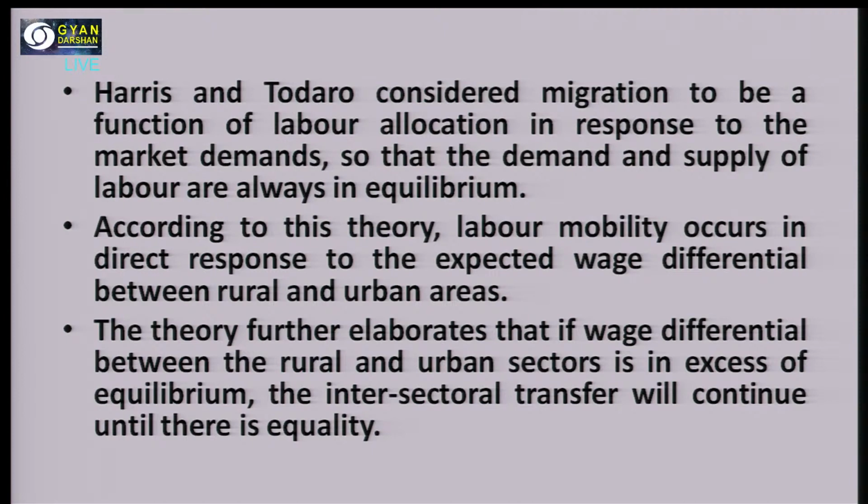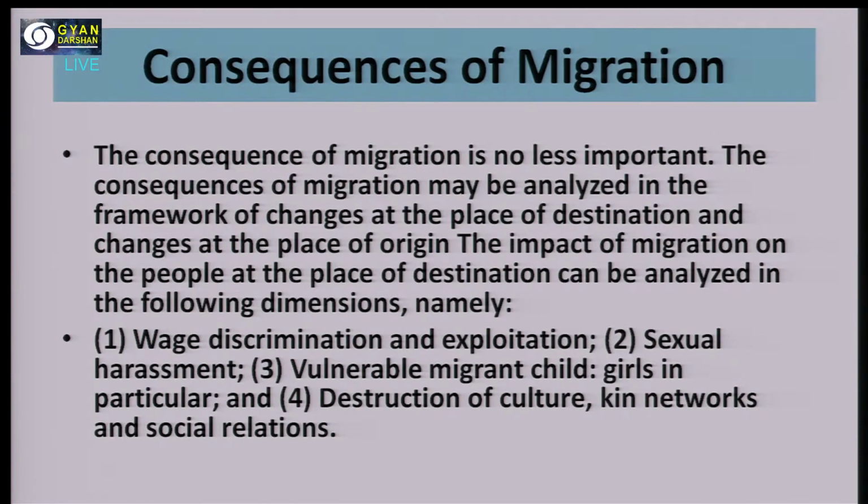As I mentioned a while ago, poor people or people looking for employment will always be attracted by high wages or high salary, and that is what the wage difference is all about. The theory further elaborates that if the wage differential between the rural and urban sector is in excess of equilibrium, the intersectoral transfer will continue until there is equality.